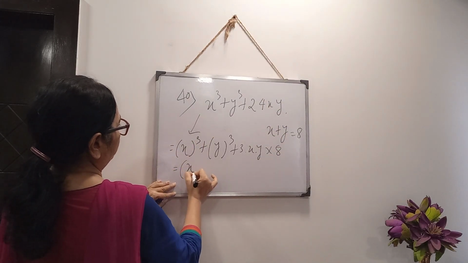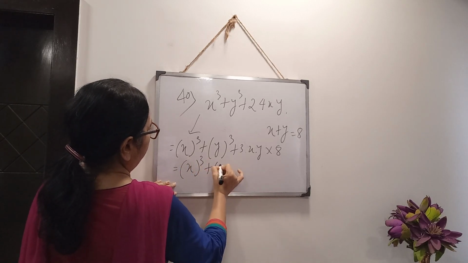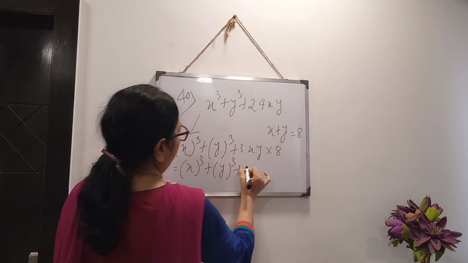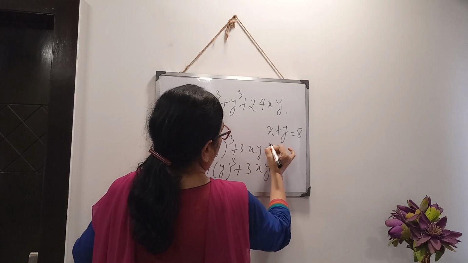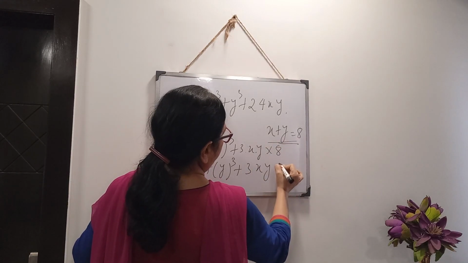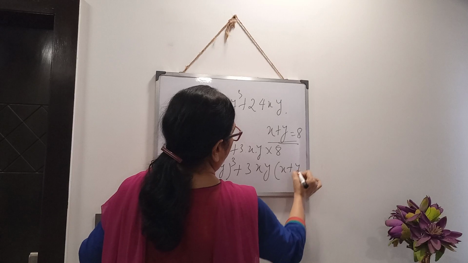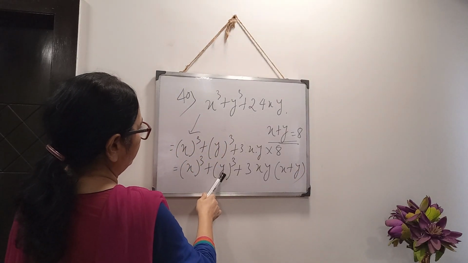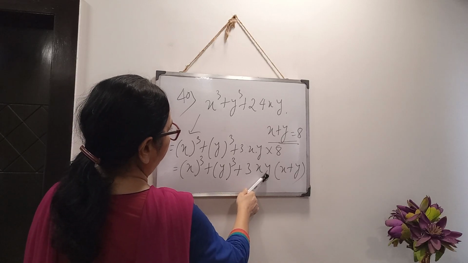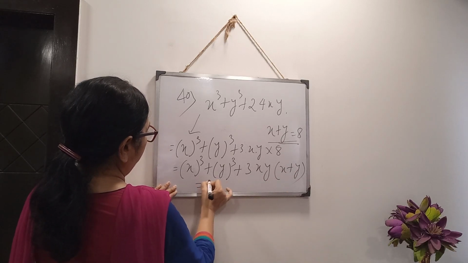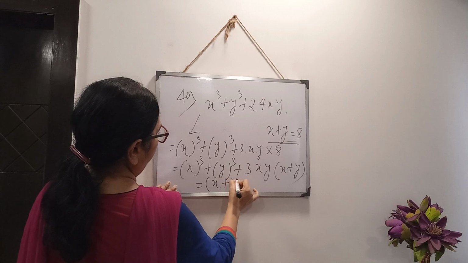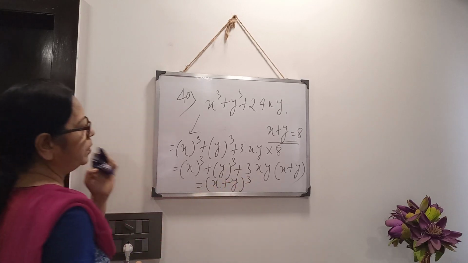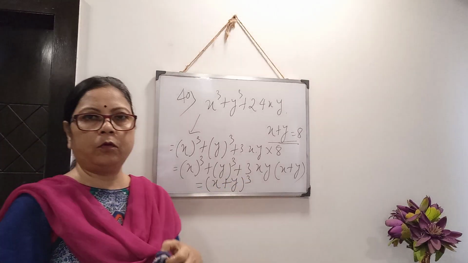Now next step, in place of 8 we can write x plus y as it is given. Now it is coming to that formula: a cube plus b cube plus 3ab into a plus b. Now this equals a plus b whole cube, that means x plus y whole cube.